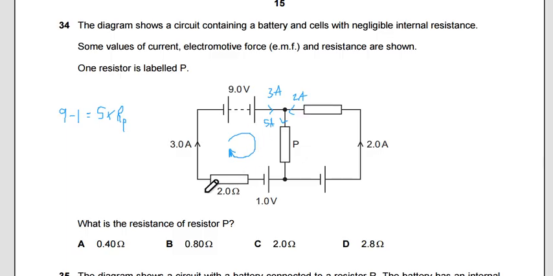And for the 2 ohm resistor, the current is 3, and again it follows the direction of the loop, so it is 3 times 2, 6, the potential across the 2 ohm resistor. From this equation, you can find that 8 minus 6 is 2, over 5 gives RB, which is 0.4.